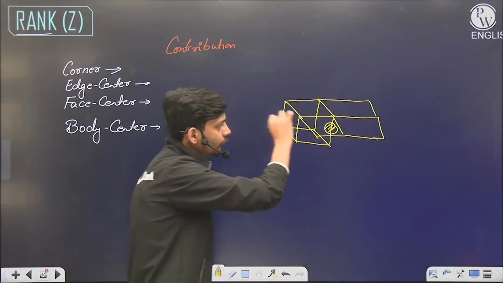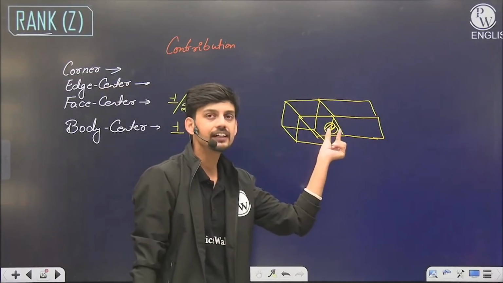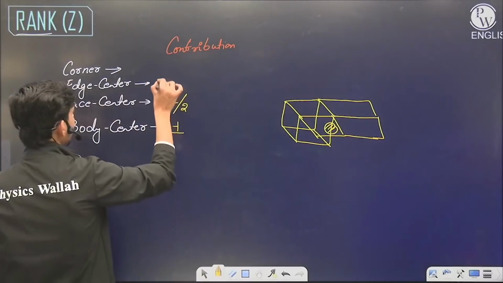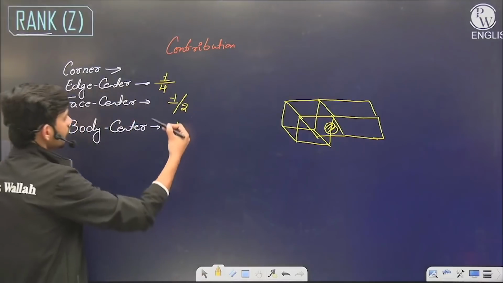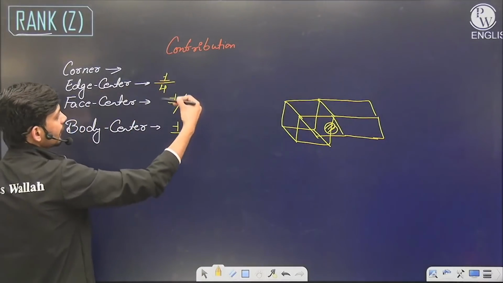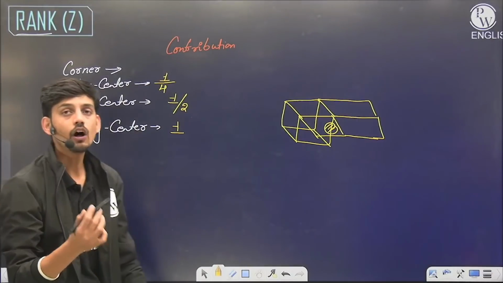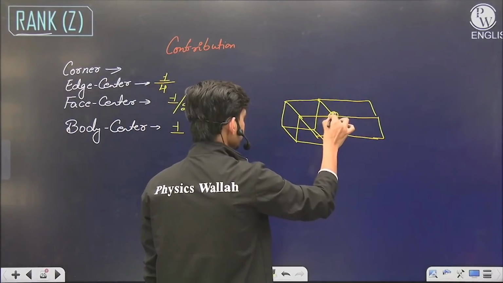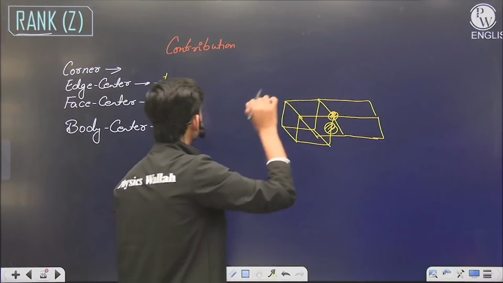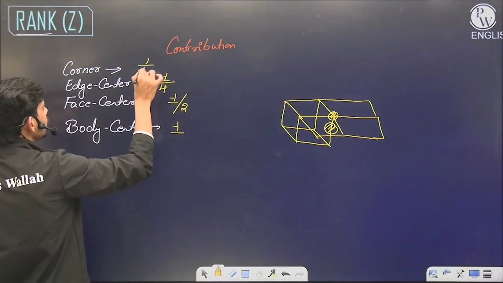From all these 4 rooms, this edge centered atom can be seen. So the contribution of the edge center is 1 by 4. You can see from body center to corner, the contribution is getting halved each time. And the corner atom is visible from 8 cubes: 4 cubes in the bottom and 4 cubes above them. So the contribution of a corner atom is 1 by 8.